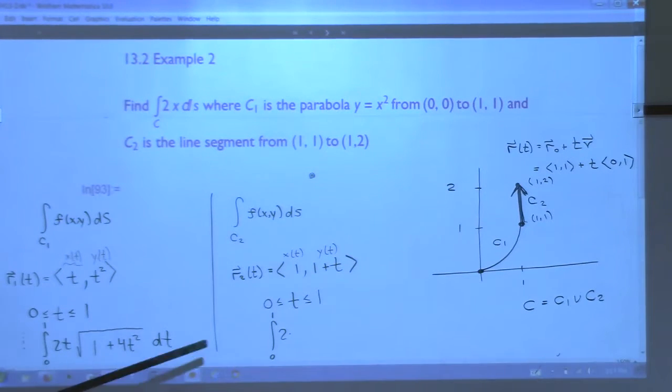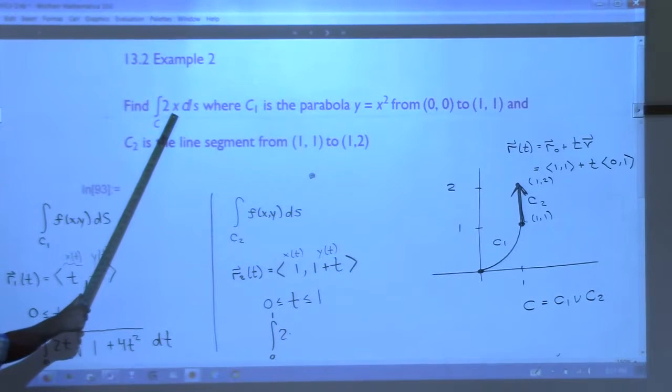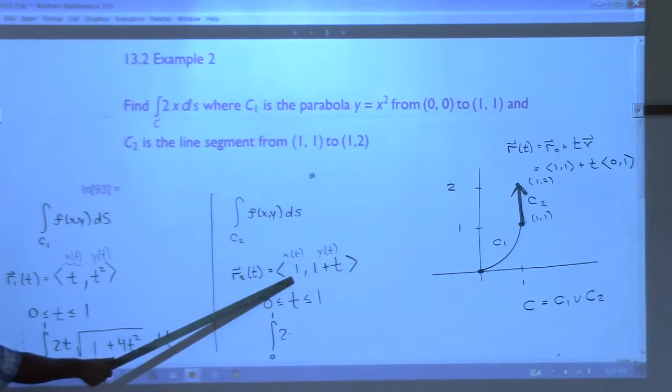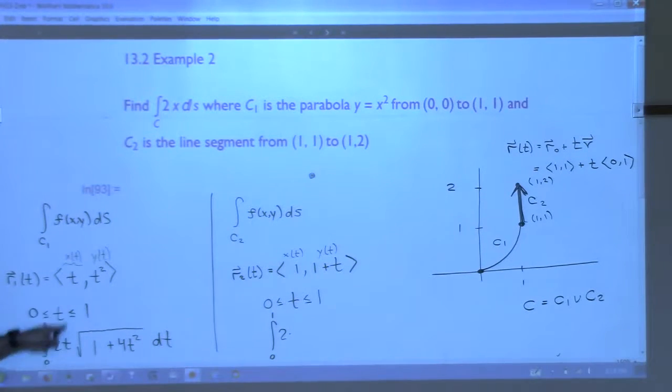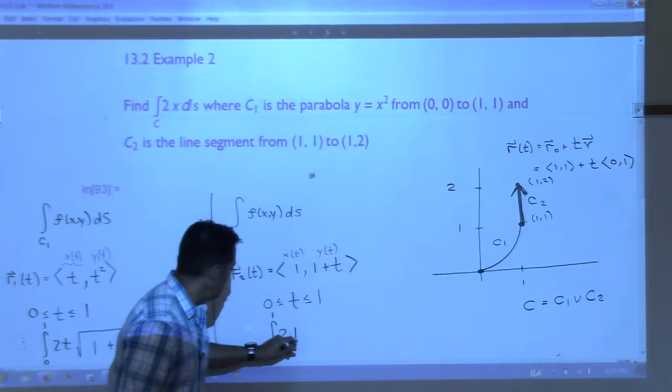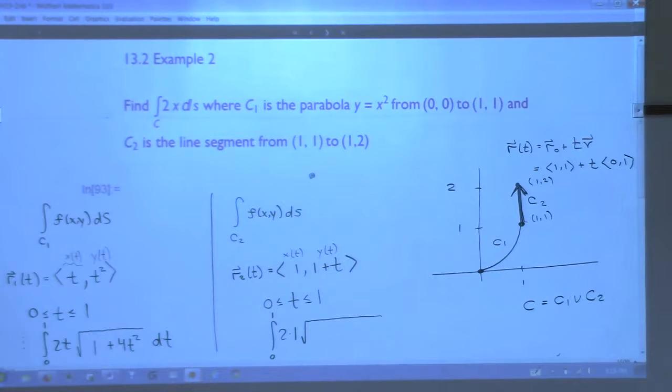And 2, that's coming from there, right? 2 times x, what's x for you? 1, no, you're right. It's just 1, good. Okay, over here it was t, but that was a different curve. Here it's 1.